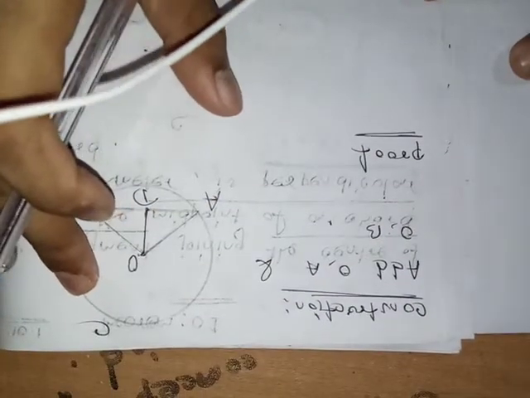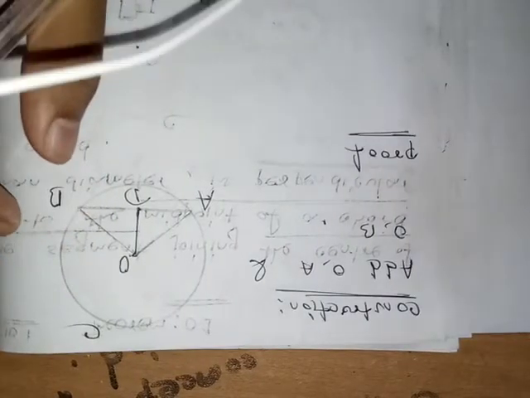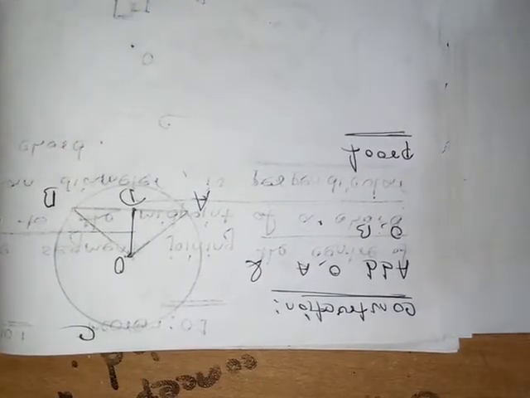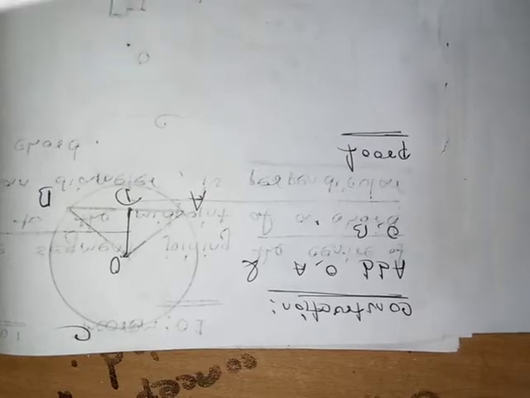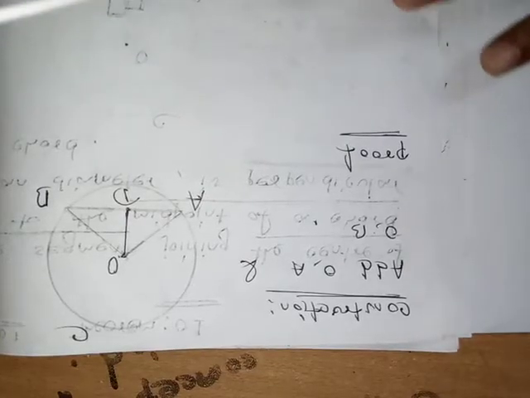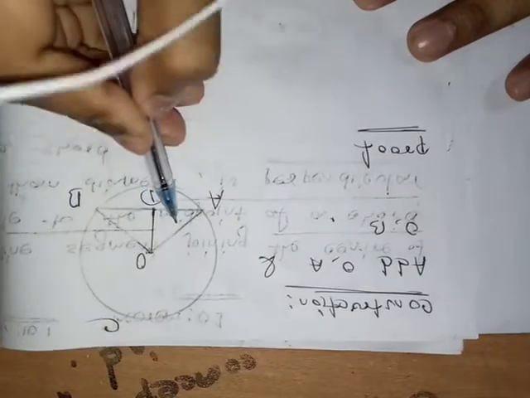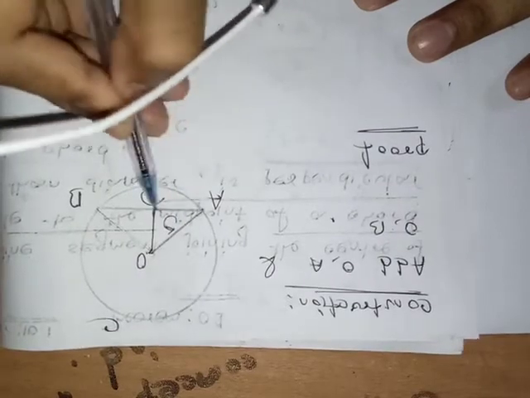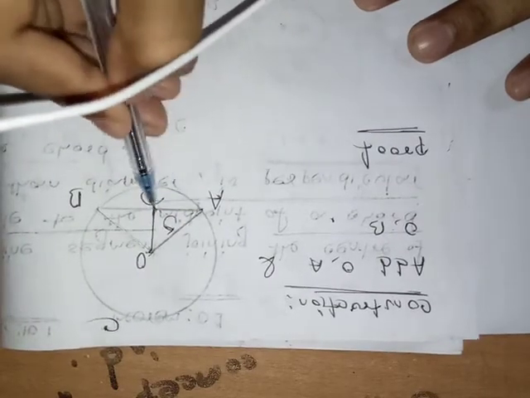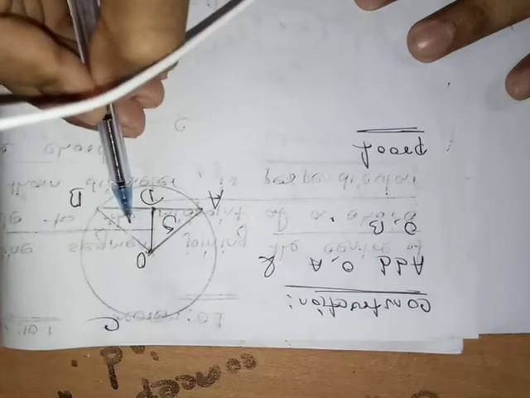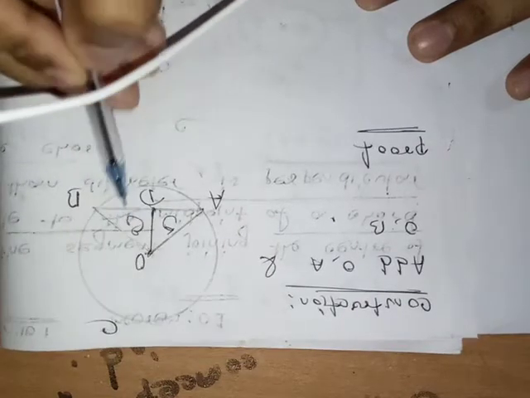Okay, in our diagram, if you see carefully, we have two triangles. One is ADO, and another is BDO.